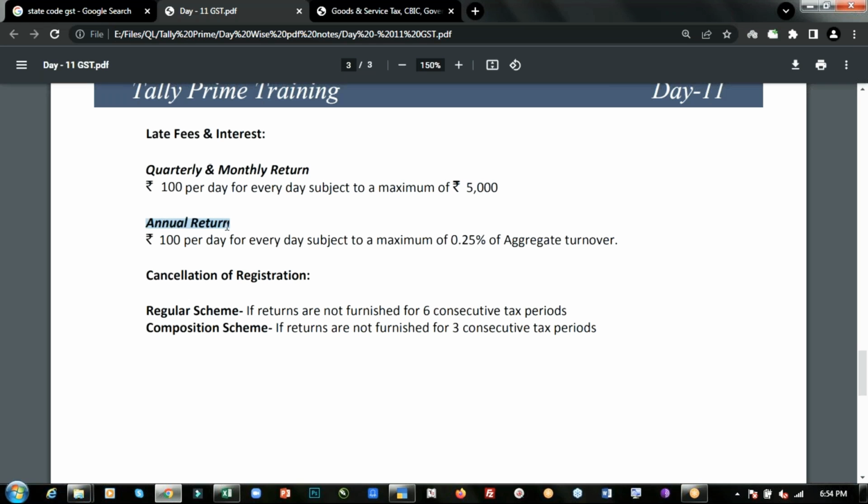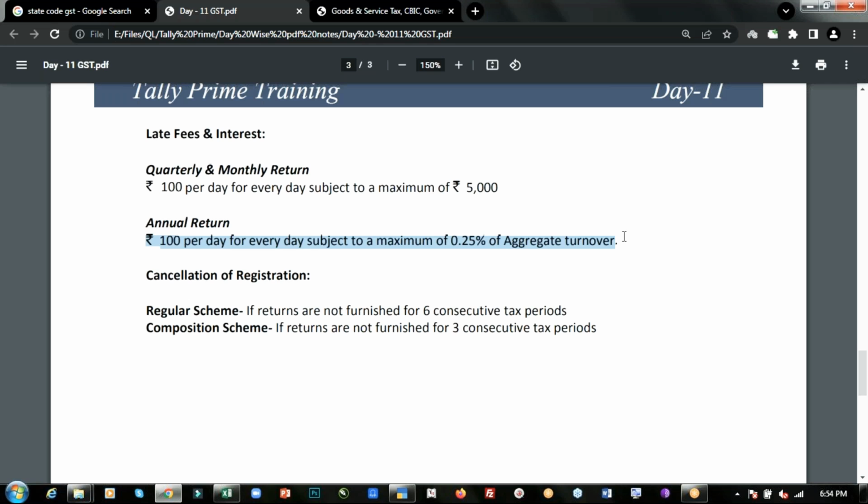For the annual return, 100 rupees per day, subject to a maximum of 0.25% of aggregate turnover, meaning your annual turnover.